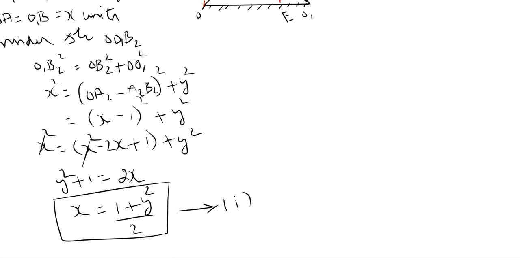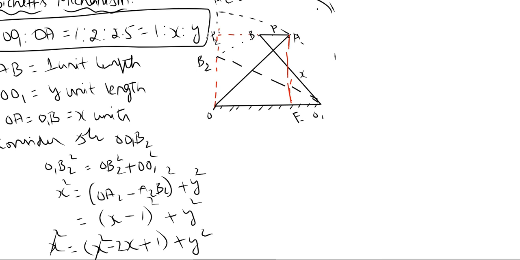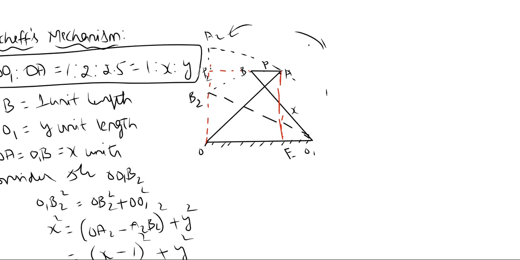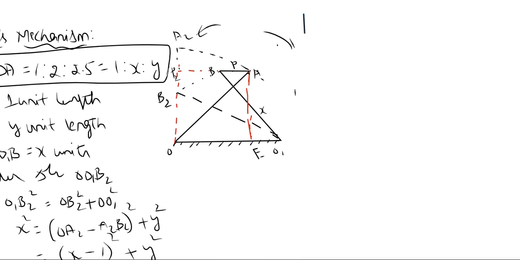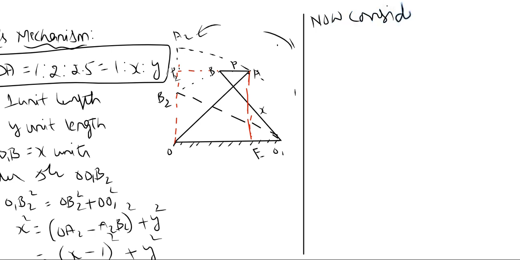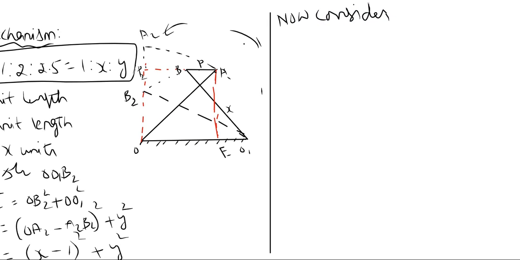Now for the next step, I just write beside this one, because if I write somewhere else you will get confused. Now consider one more triangle to get the value of y.